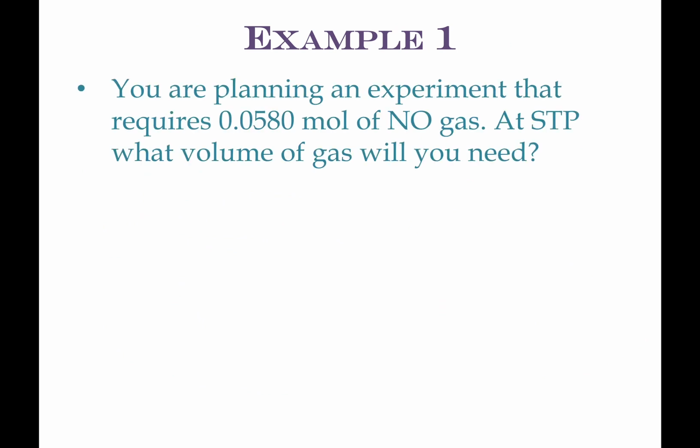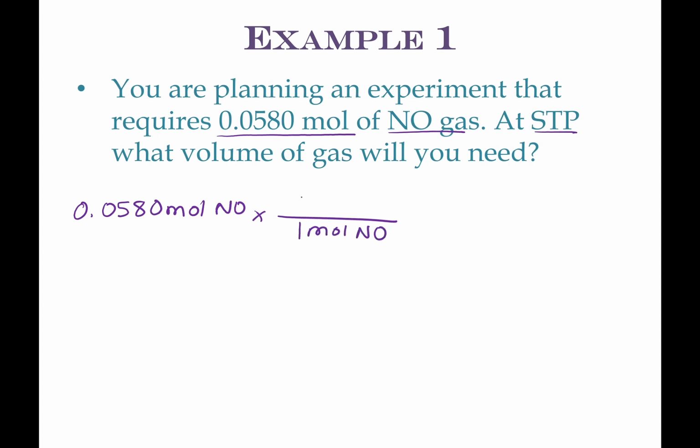So let's give it a try. Why is that important? Because I can't measure in moles in the lab. You're planning an experiment that requires 0.0580 moles of NO gas at STP. What volume of gas will you need? 0.0580 moles of NO. For every 1 mole of NO, how many liters? 22.4 liters.